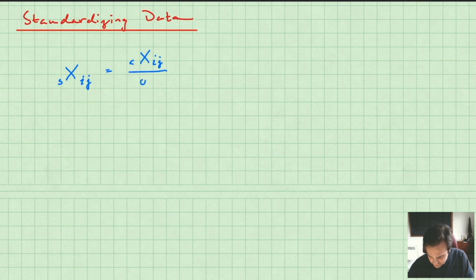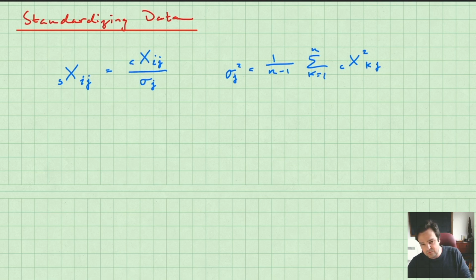The standard deviation is sigma, and sigma squared is the sample variance. So it's 1 over n minus 1, then the sum down the column, k equals 1 to n, of x centered squared, row k, column j. That's just the usual definition of the variance.